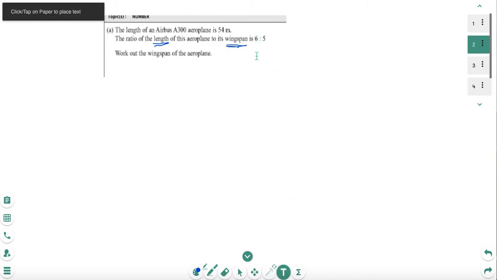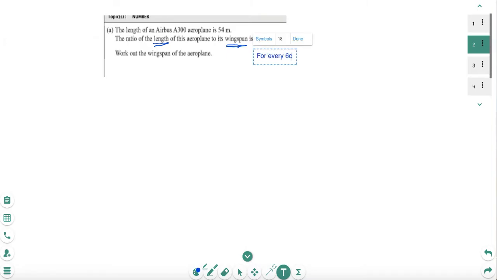So that means for every 6 centimeters of length, the wingspan is 5 centimeters. Or for every 6 units of length, the wingspan is 5 units.